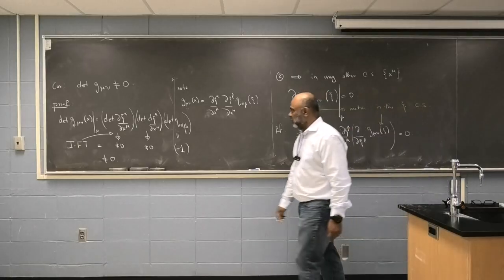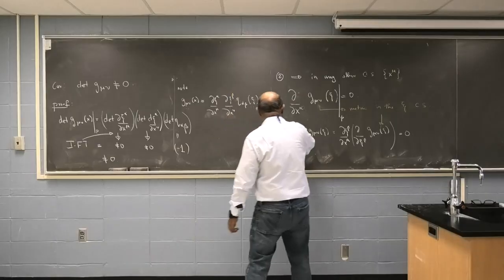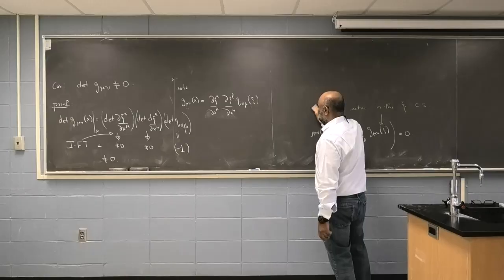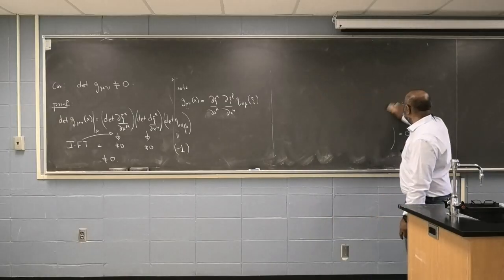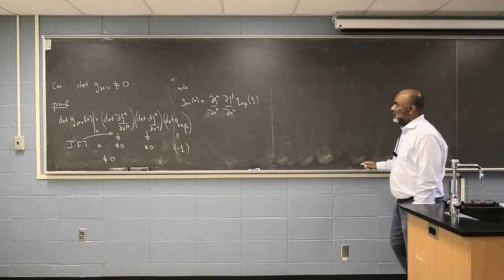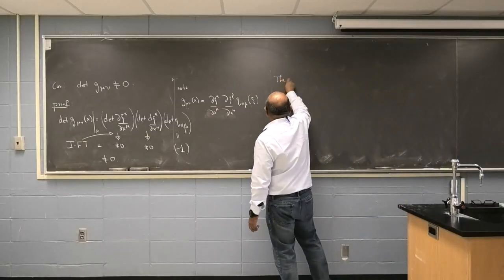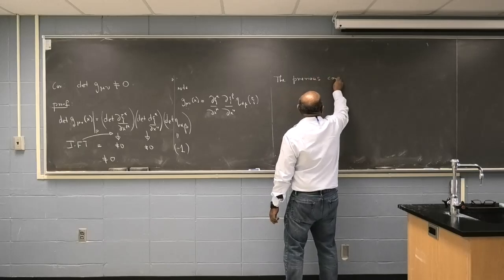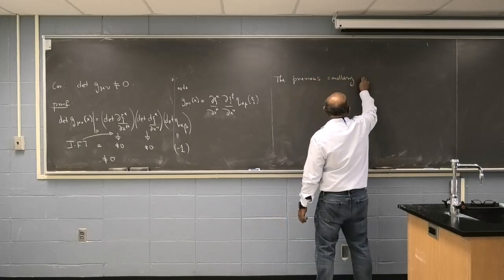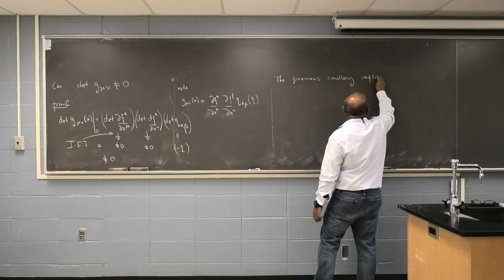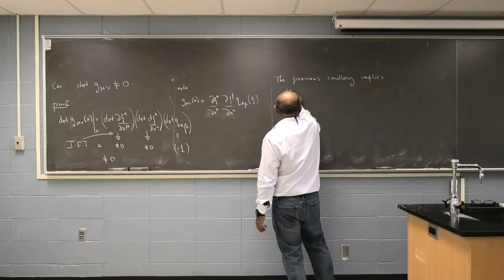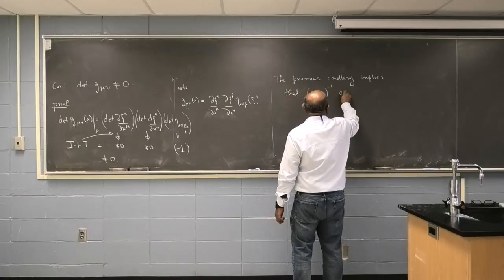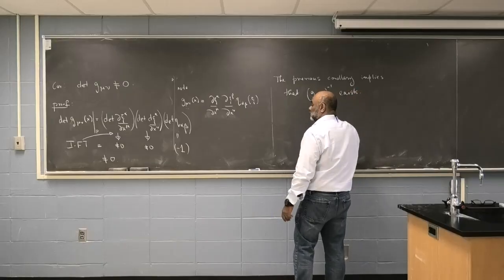Let me quickly end with one more result. If the determinant of a matrix is not equal to 0, what is true? The previous corollary implies that G mu nu inverse exists.